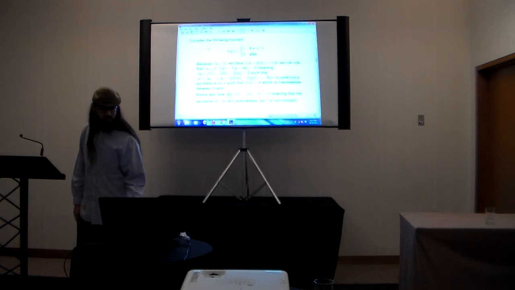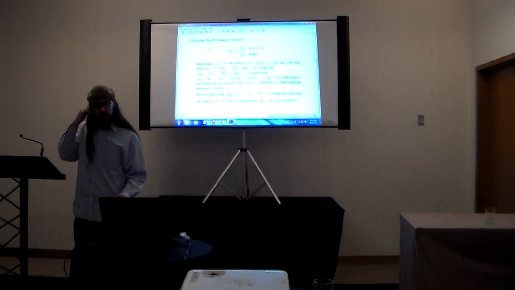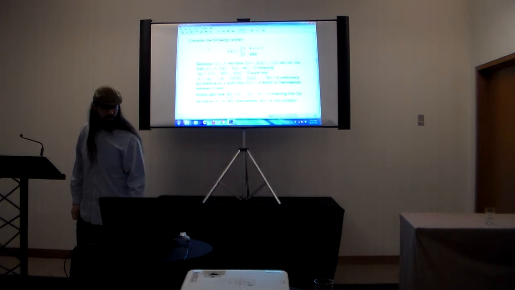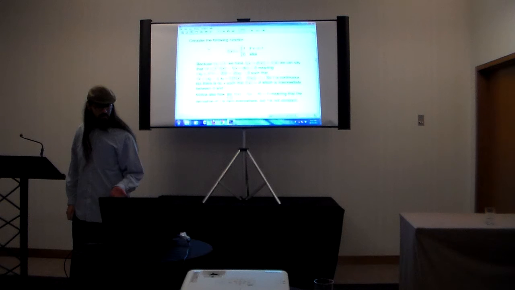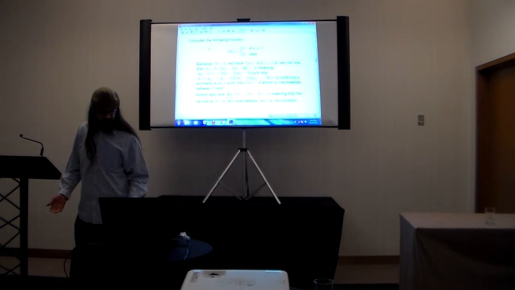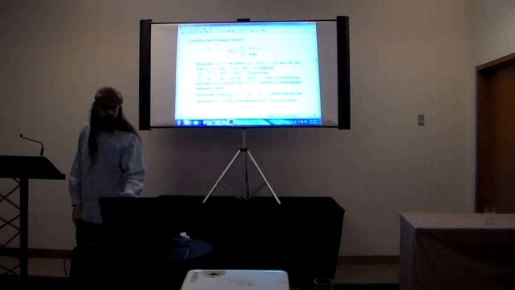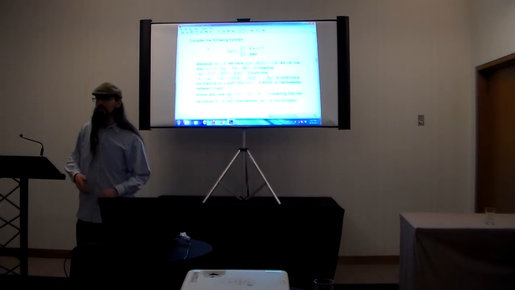So for all x naught in N, for every epsilon greater than 0, there exists a delta equal to d times the absolute value of x naught, greater than 0, such that for all x in our delta ball around x naught, the absolute value of f of x minus f of x naught is less than epsilon. Okay, so it's a continuous function. However, we can see obviously that there are no intermediate values between 0 and 1. So it's a completely disconnected field, and that gives us that continuous functions don't have intermediate values.